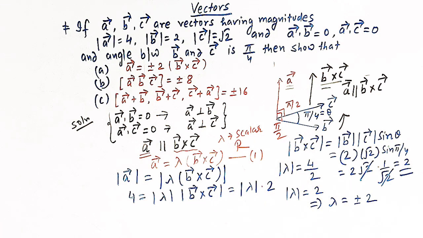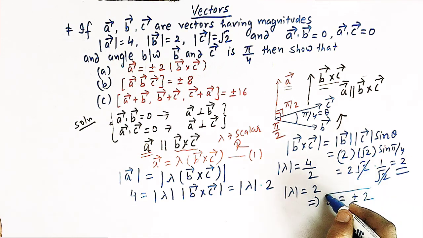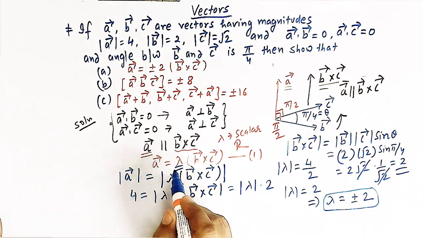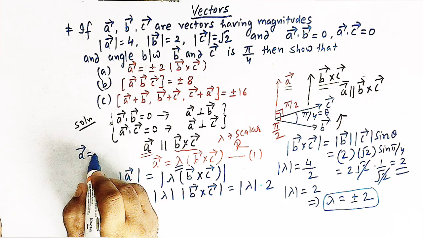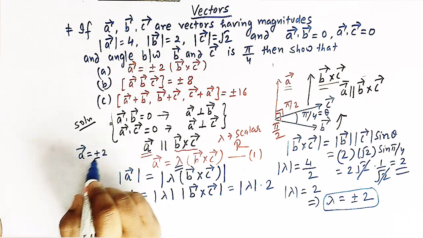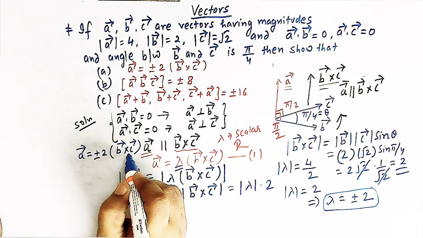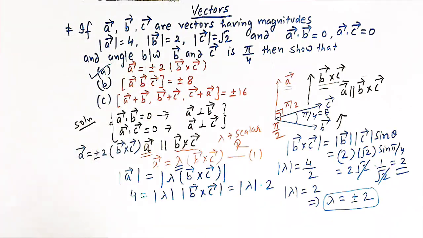Now taking this value of lambda equal to plus minus 2, we have this equation, that is vector A is equal to plus minus 2 times B cross C. So this is our first result which is to be proved.